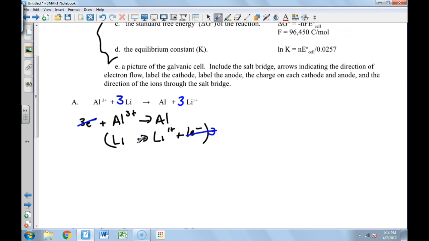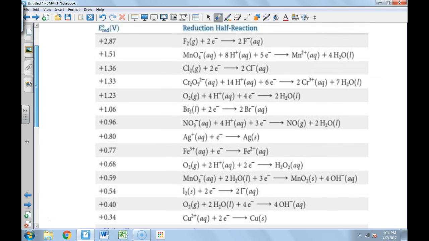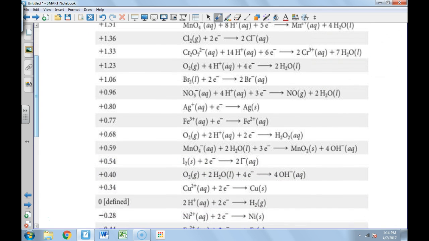So remember, reduction is gaining electrons, so LEO-GER. So this is the reduction reaction, and this is the oxidation reaction. And conveniently, I gave you this sheet of cell potentials so that you can look up the ones that you want.